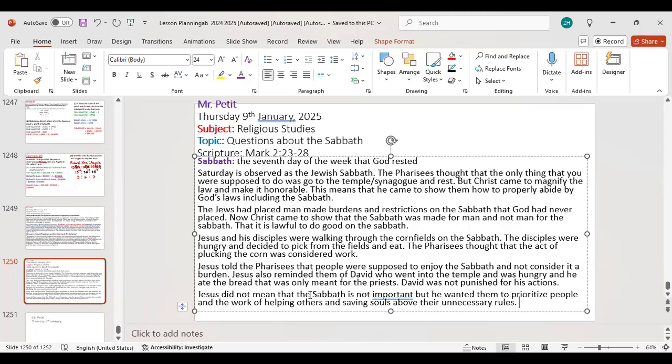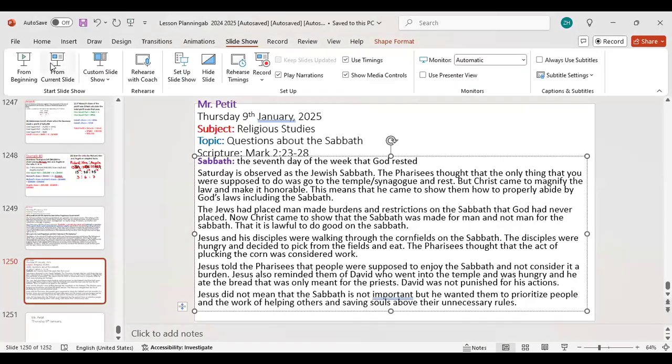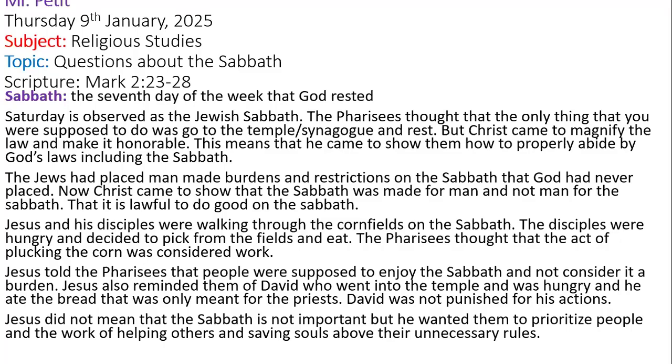Okay? They believed that you couldn't walk for more than 1 mile on the Sabbath. They had different rules on the Sabbath, but Jesus wanted to show them that, hey, listen, it's lawful to do good on the Sabbath. All right, and so those are the notes for that one.